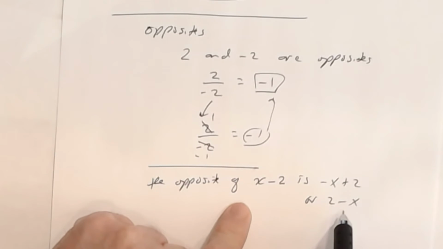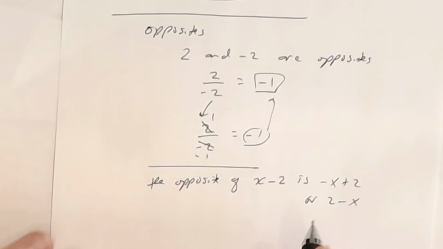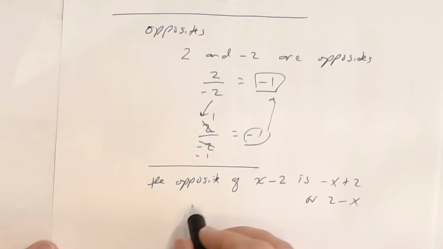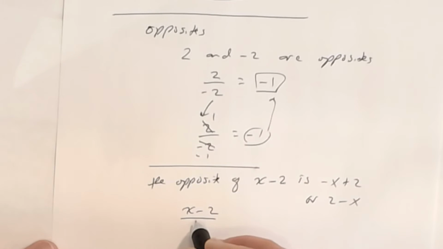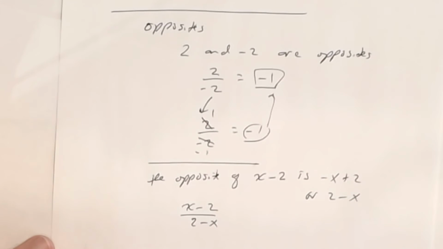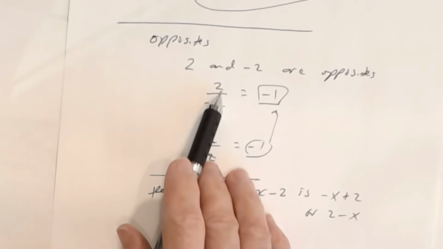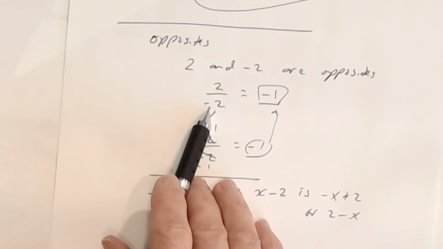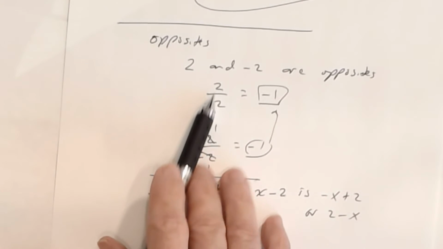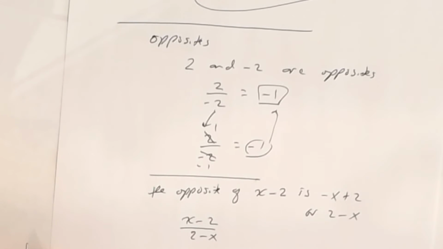So x minus 2, 2 minus x. Those are opposites. If I say x minus 2 divided by 2 minus x, since those are opposites, just like these were, you need to know that that quotient is going to be a negative 1.